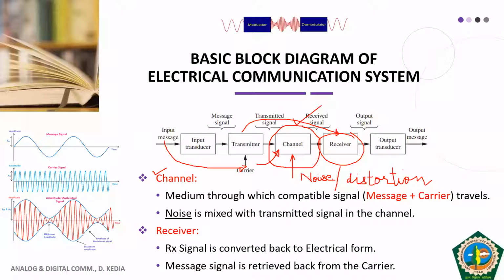Added to that, signal strength has come down and noise has been added. So what is the job of the receiver now? The job of the receiver is to make the signal strong again, to remove that noise, and to give you a fresh signal, free from noise and free from any kind of attenuation.